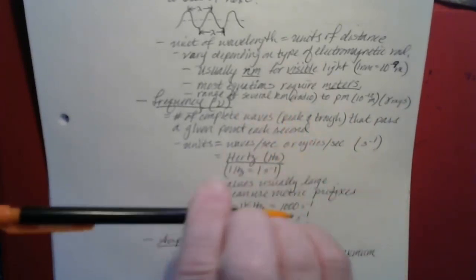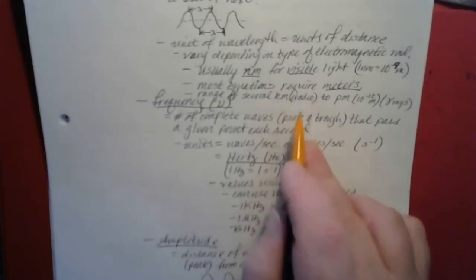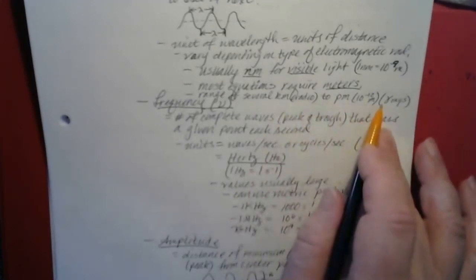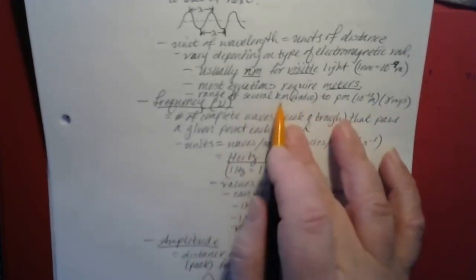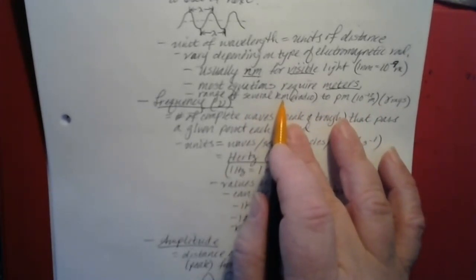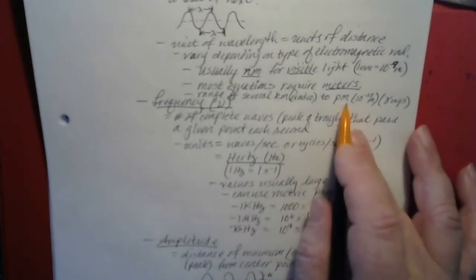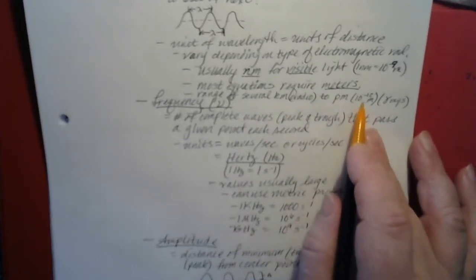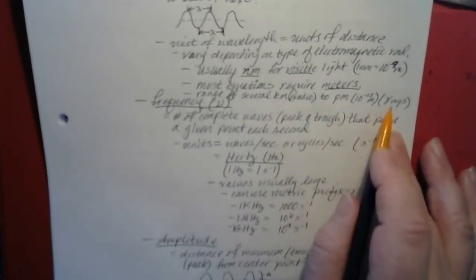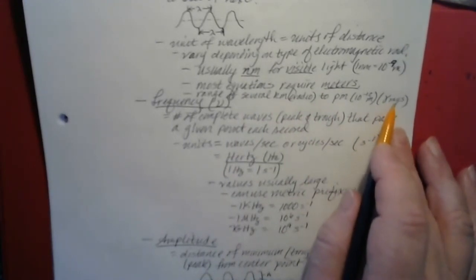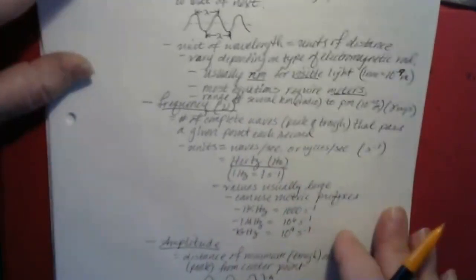So what you can tell right away is that wavelength is basically inversely proportional to the energy for electromagnetic radiation, because really long wavelengths on the order of miles would correspond to really low energy, and really short wavelengths on the order of picometers would correspond to really high energy, like gamma rays.